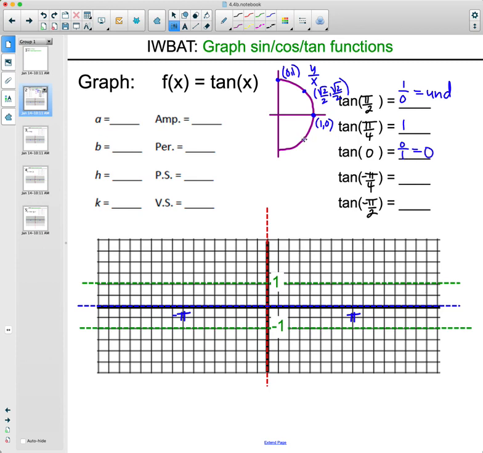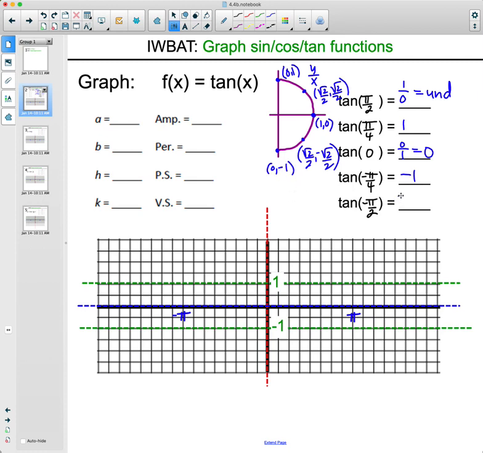Then we're going to get negative pi over 4. So negative pi over 4 is back at pi over 4, so that's going to be the same exact ordered pair as pi over 4, but this time the y coordinate is going to be negative. So now we're going to divide the same number, but one negative, one positive, so this is going to be negative 1. And then negative pi over 2 would be here at 0, negative 1.